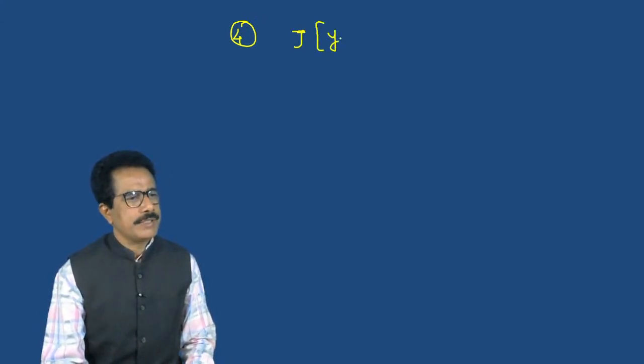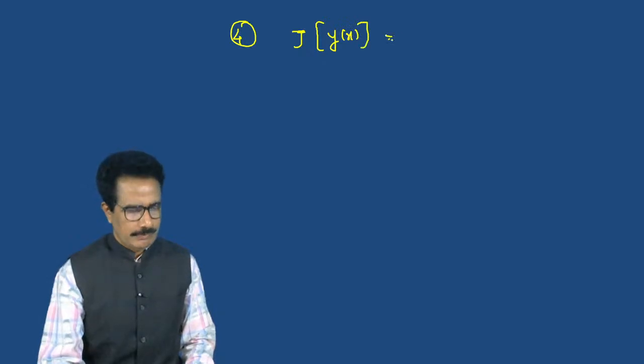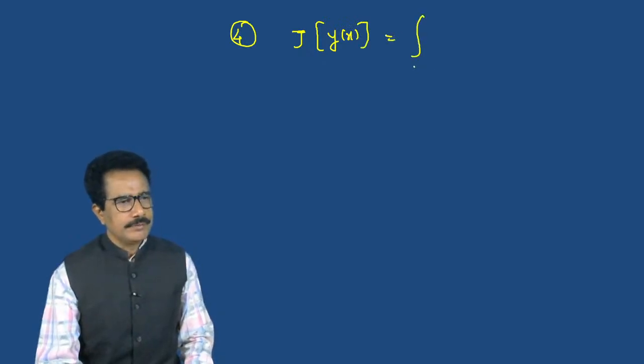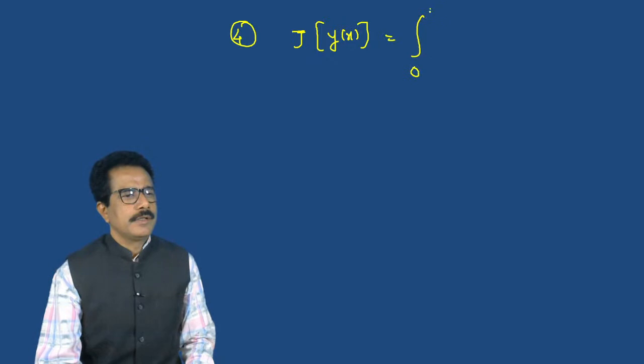And the fourth, j of y of x is equal to the integral from 0 to pi by 2.